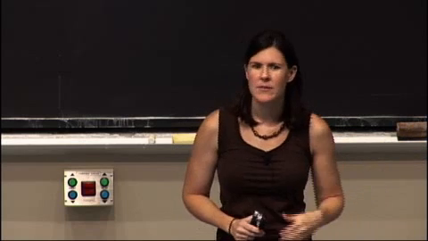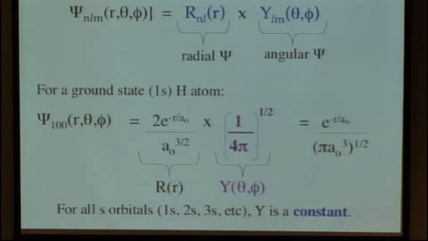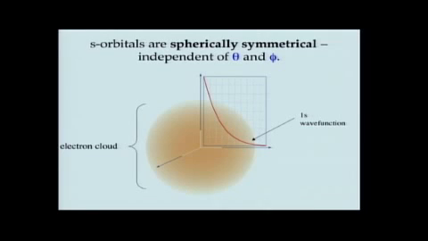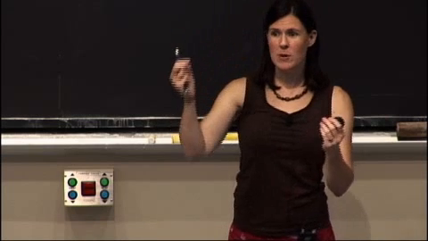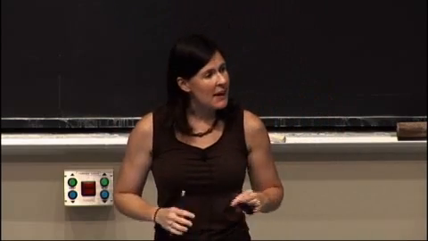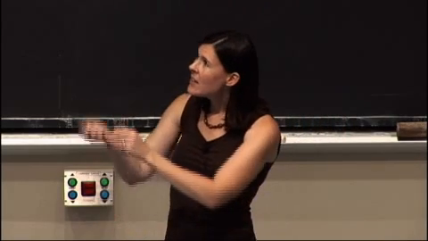The angular part of your wave function is going to be the same. So what does that mean for us? Well, essentially what that tells us is that these s orbitals are spherically symmetrical. That should make sense, right? Because they're only dependent on r, how far you are away from the nucleus in terms of a radius. They don't depend at all on those 2 angles. They're independent of theta, and they're independent of phi.